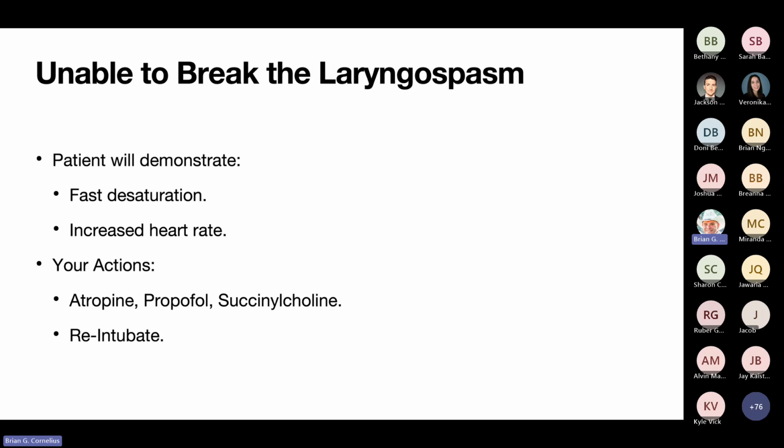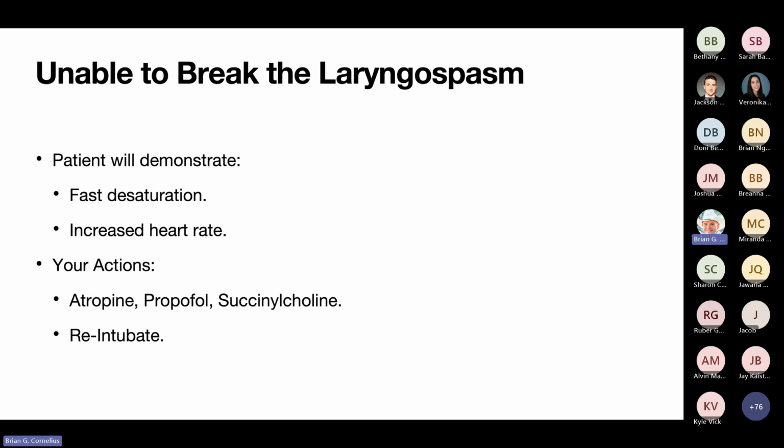So how do we treat it? There are three things that we use: atropine for the heart rate, but be mindful that what they really need, as far as their heart rate, is oxygen. So we don't use the atropine as often as we used to, but it's something to consider. We put propofol here because you'll figure out that a lot of times deep sedation or just a bolus of propofol is enough to break that spasm. And usually we have a little extra propofol sitting there.